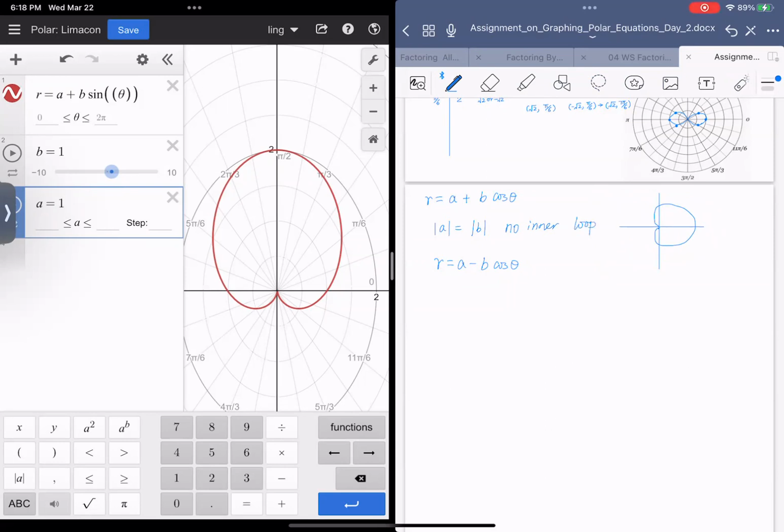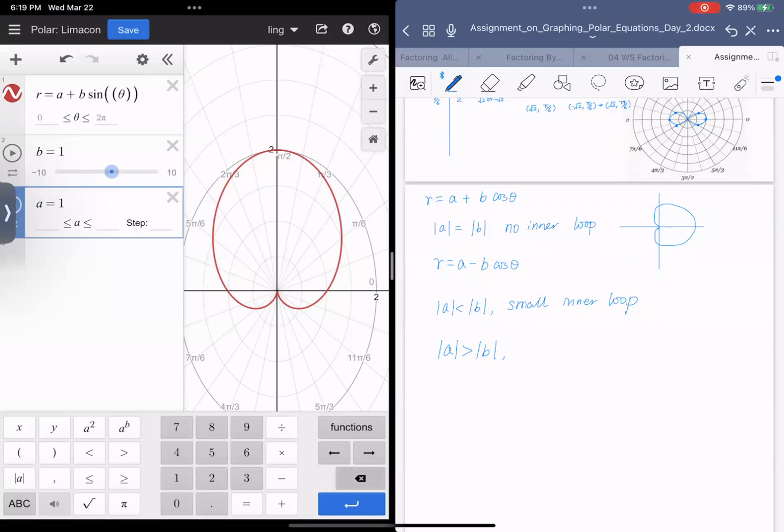But when A's absolute value is less than B's absolute value, you will have a small inner loop. And if A's absolute value is greater than B's, it's like those seashell-like animals in the sea, moving by shaking their body.